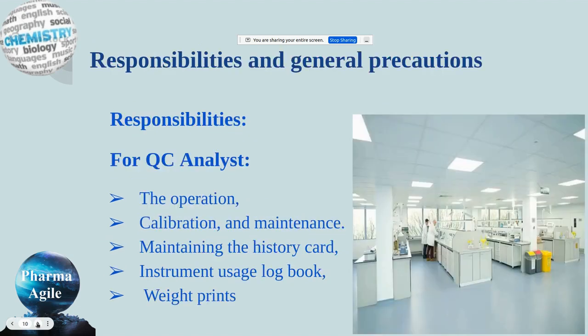For QC analyst, the QC analyst shall be responsible for the operation, calibration, and maintenance of the instrument as per the SOP, maintaining the history code, instrument usage logbook, and weight prints as per the SOP. Next, QC head.